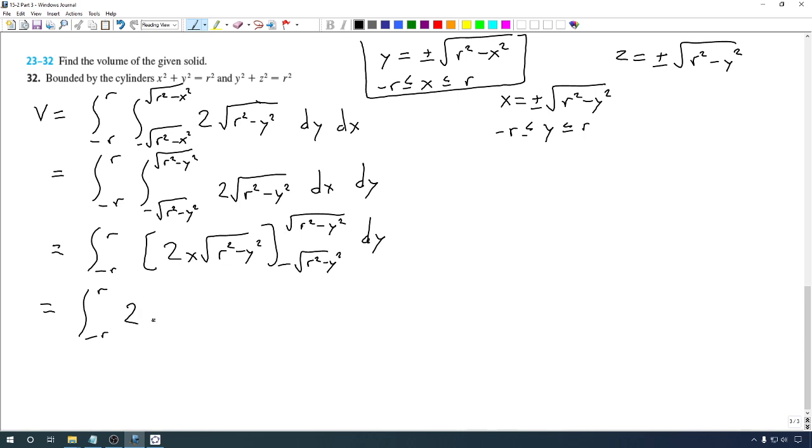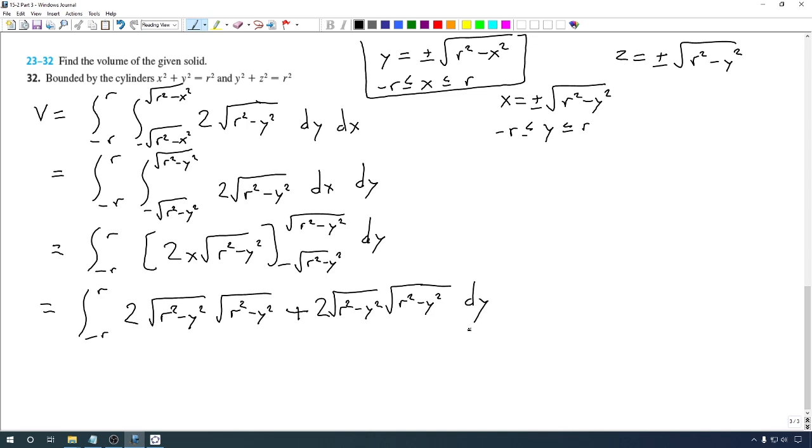Let's just actually write it out. So that's put in there first. We have r squared minus y squared again from this one. We subtract 2 times a negative, so actually we add 2 times square root of r squared minus y squared times square root of r squared minus y squared.